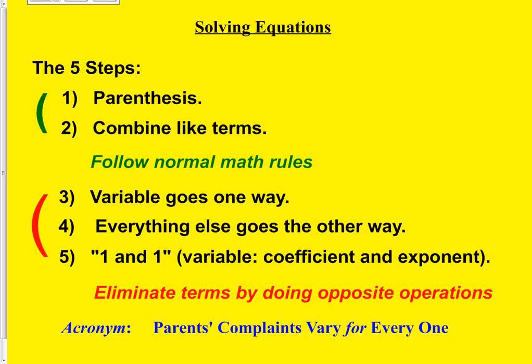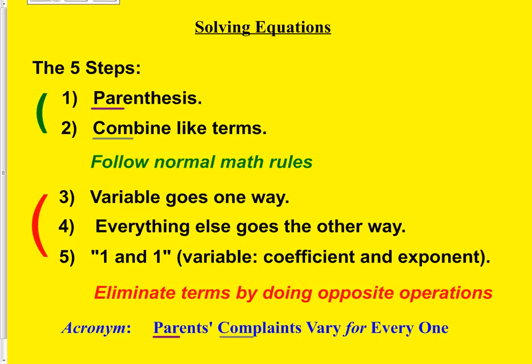If you can remember this, then you can basically remember the first several letters of each step. First word in the acronym, parents. The first step of the 5 steps is parentheses. You notice they both start with P-A-R, parents, parentheses. Second word, complaints. First few letters of step 2, combine. Complaints, combine. You got the C-O-M in common.